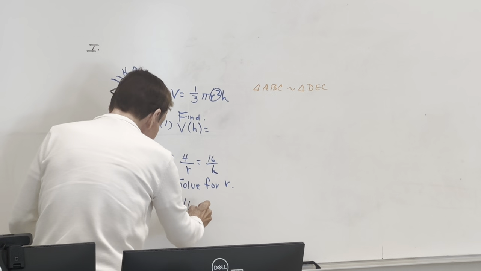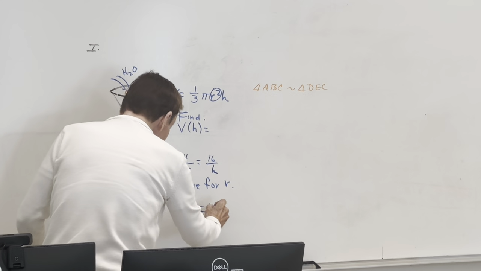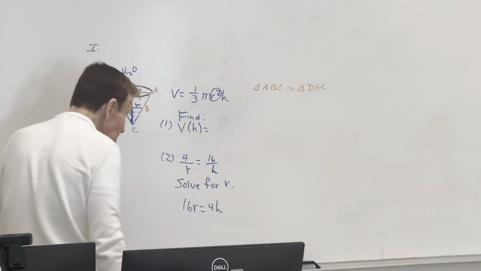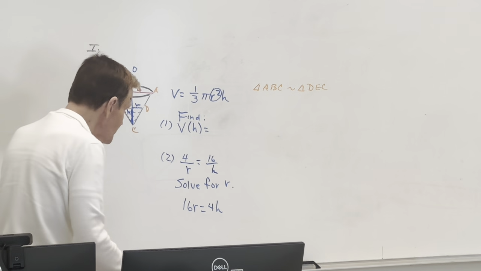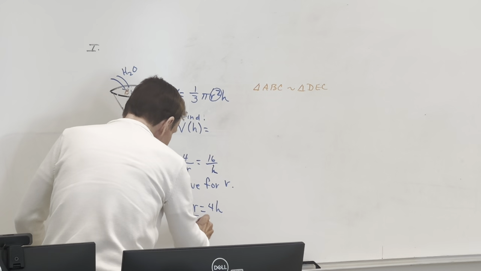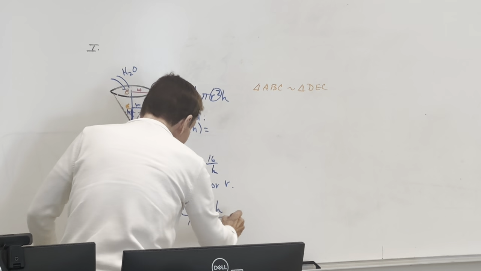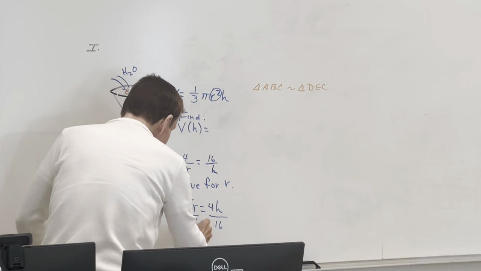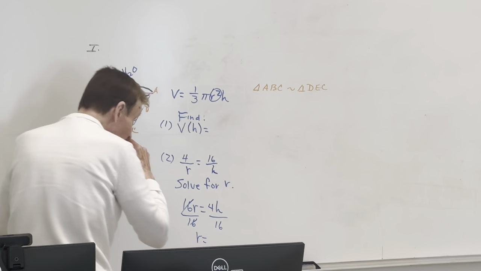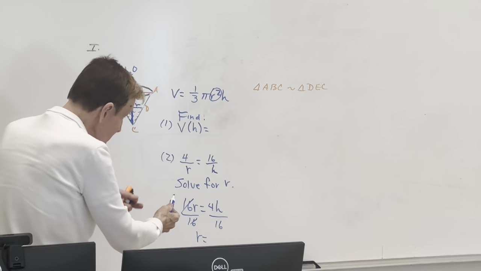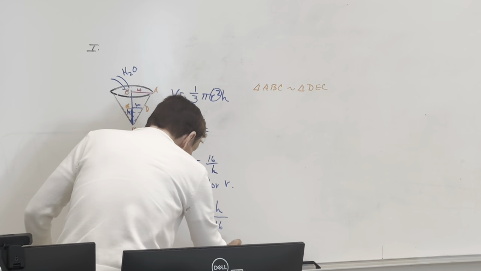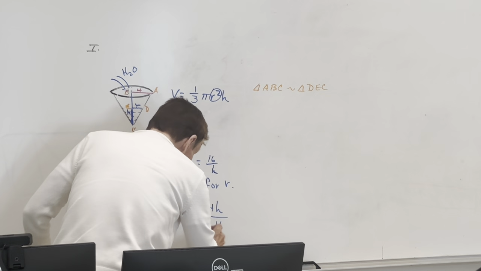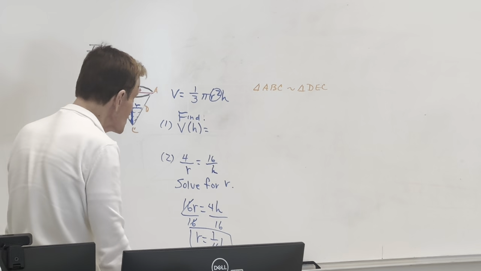We have 16R is equal to 4H. Divide by 16, since I'd like to solve for R. The 16s cancel, and we end up with 4H over 16. I know 4 over 16 is 1/4 reduced down, which looks better. So R is equal to 1/4 H.